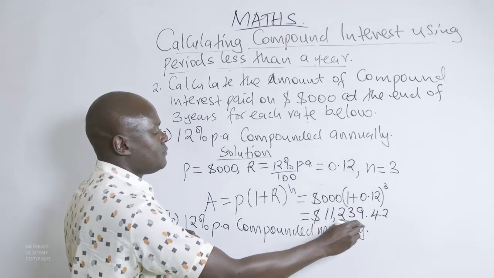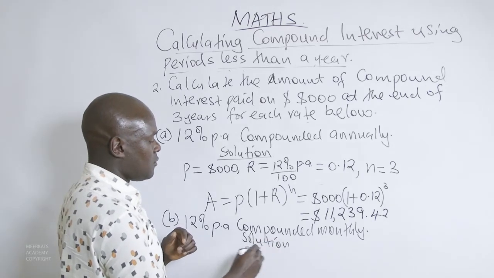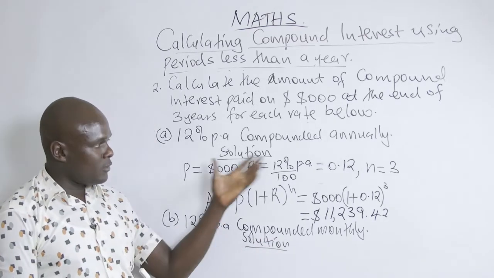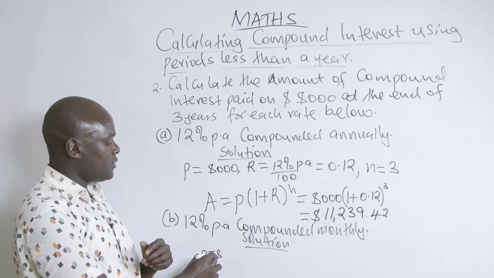Just like in what we have done here, we will have the same principal, $8,000.